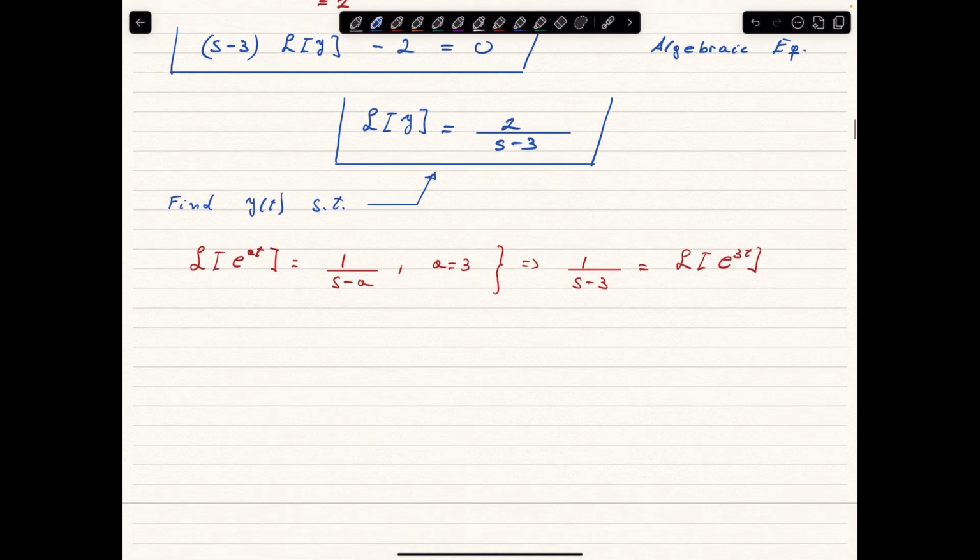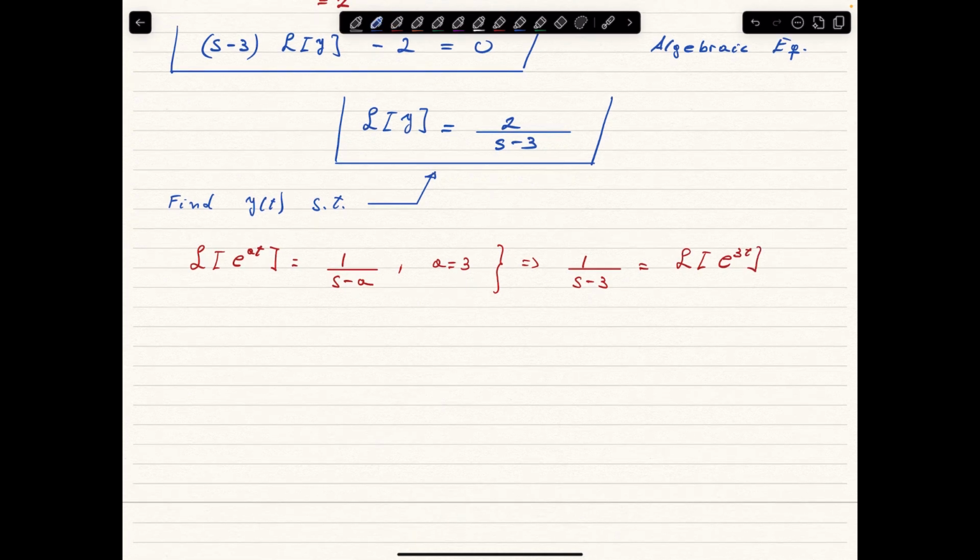So what we can do is say that the Laplace transform of the function we are looking for is actually 2, of course, over s minus 3, and this is the same as 2 times the Laplace transform of the exponential 3t, and because of linearity this is the same as the Laplace transform of 2 exponential 3t.